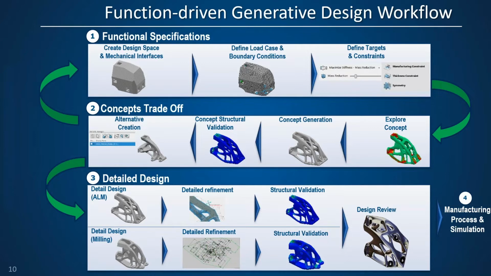If you are not happy with the trade-off results, then you do one more iteration, you do some changes in your design space. Maybe you will increase that design space a bit more, so that it has enough material to withstand all the stresses, with the loads, etc. And once you are happy with the concept trade-off, you can directly get into the detailed design part of it.